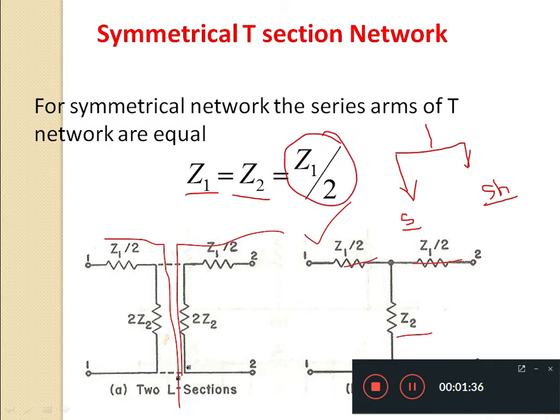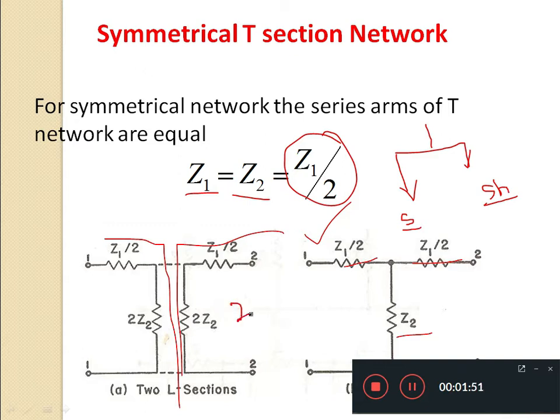So here is basically the T network, and in the T network, these two are connected in parallel, so it is Z1 Z2 upon Z1 plus Z2.